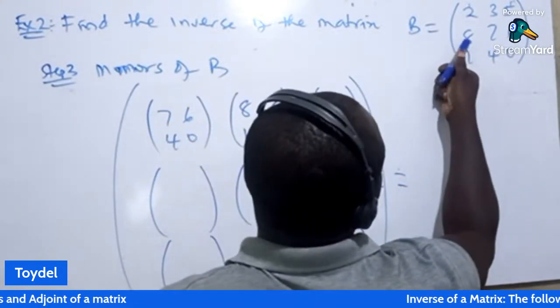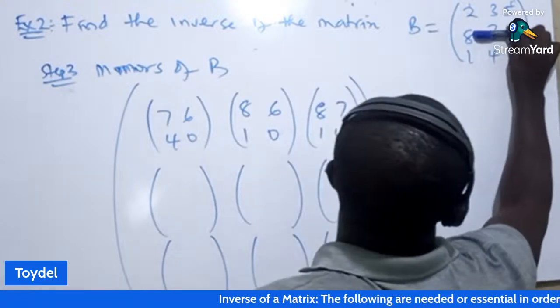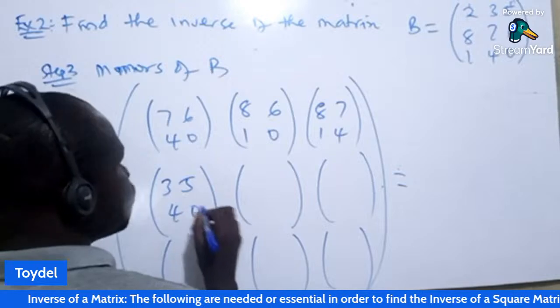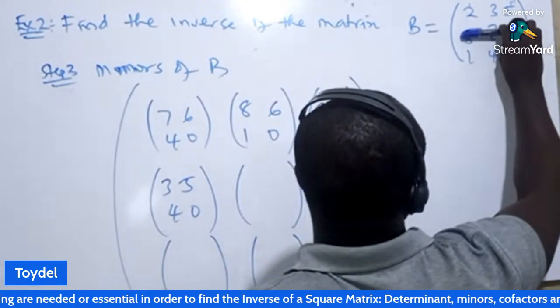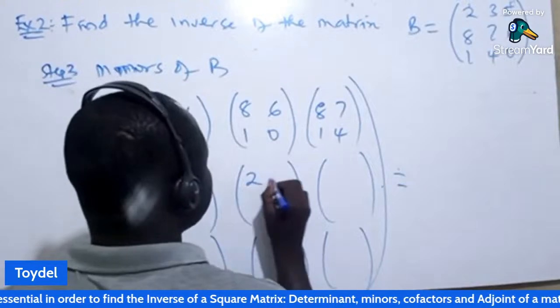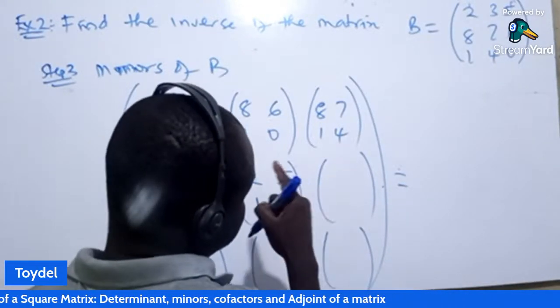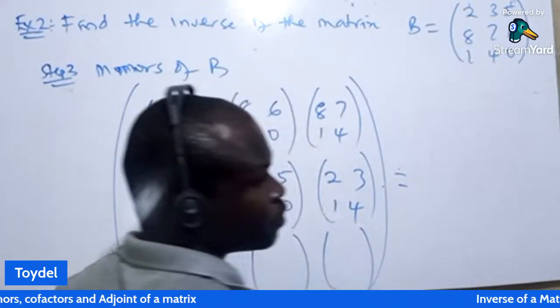So we go ahead and find the minor of 8. First column, second row. So we have 3, 5, 4, 0. Then we do the same thing for 7, which is second row, second column. We have 2, 5, 1, 0. Then we find the minor of 6, which is second row, third column. We have 2, 3, 1, 4.